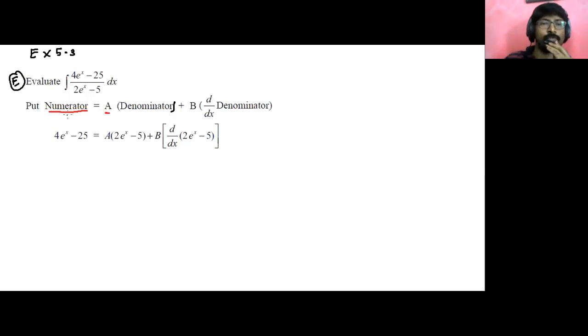Right? So let's copy paste the numerator. The numerator here is 4 e power x minus 25. That can be written as a into the denominator. What is the denominator? 2 e power x minus 5, plus b into the derivative of the denominator.